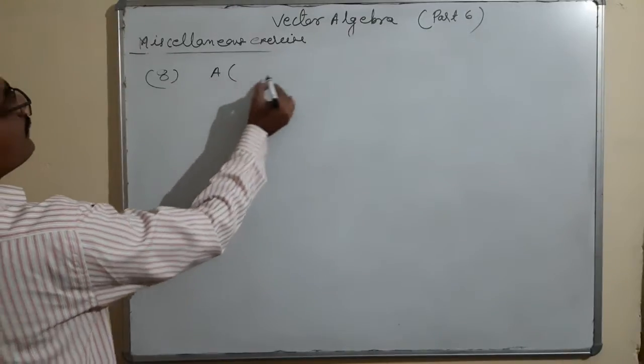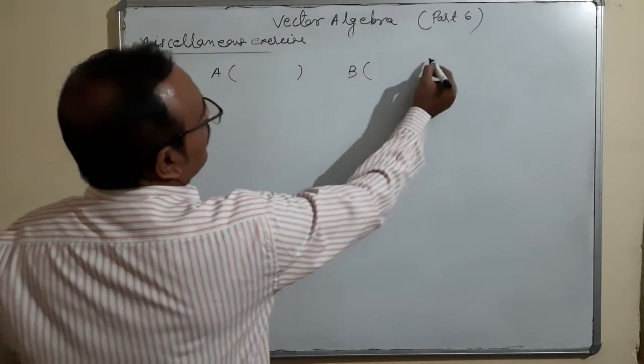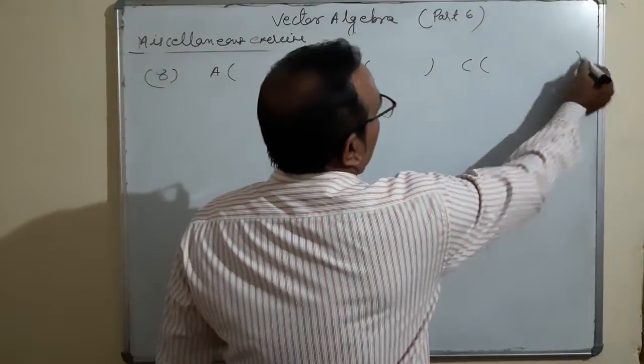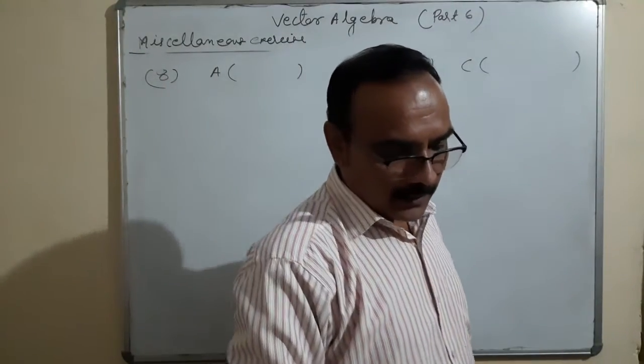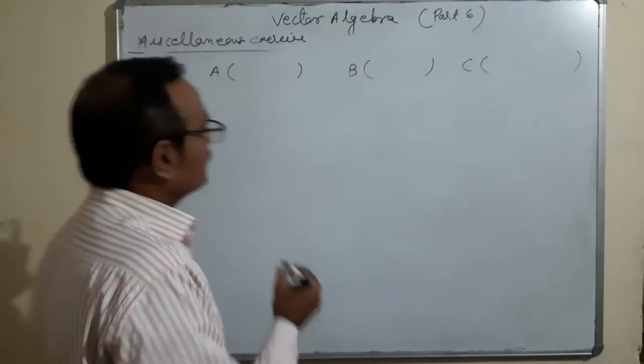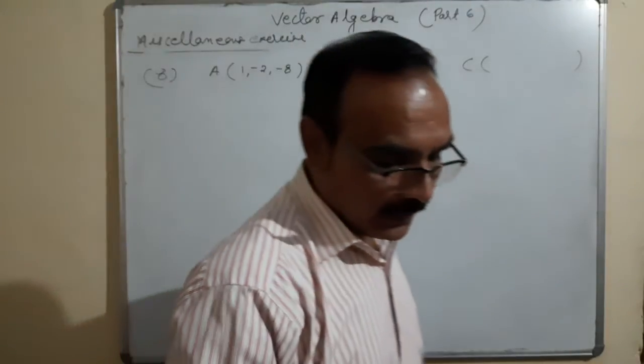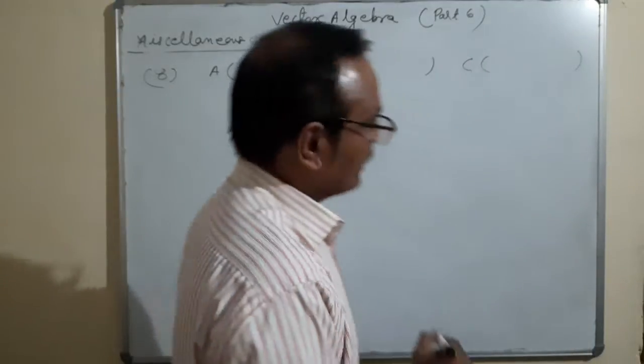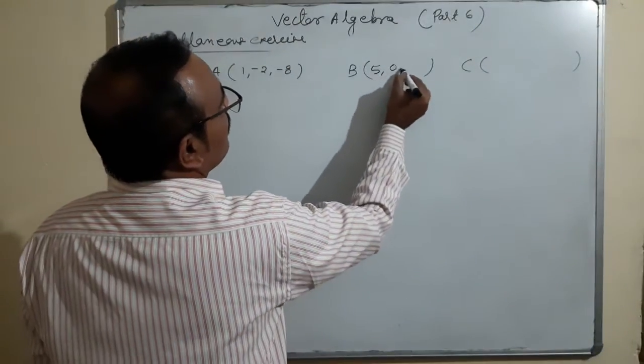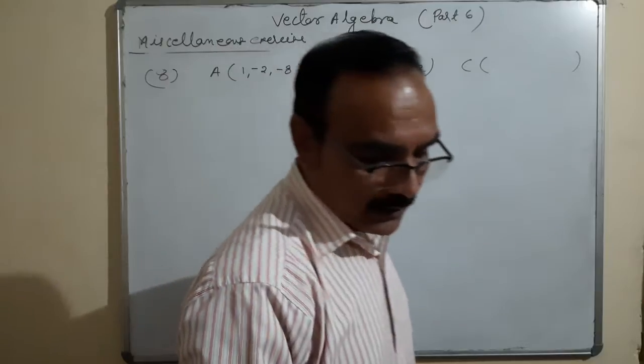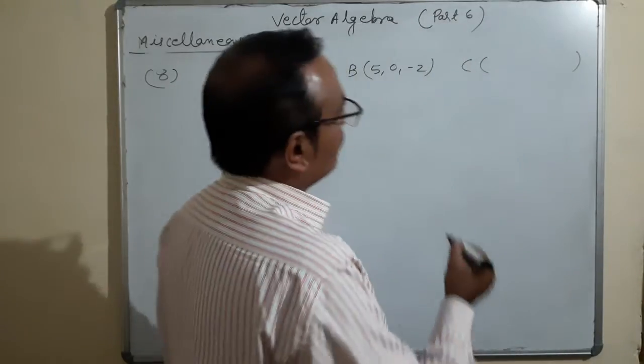Three points are given: A is 1, minus 2, minus 8, B is 5, 0, minus 2, and C is 11, 3 and 7.